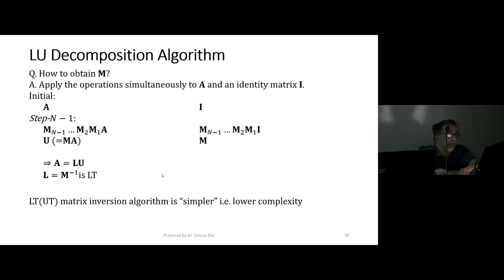So the matrix inversion algorithm is simpler, it has lower complexity, and it's not as computationally intensive as inverting a general matrix. And so I get L equals M inverse, so that A equals LU. I have accomplished my LU decomposition.